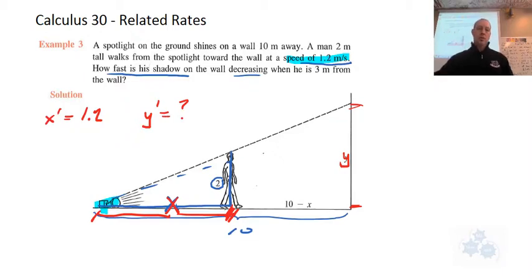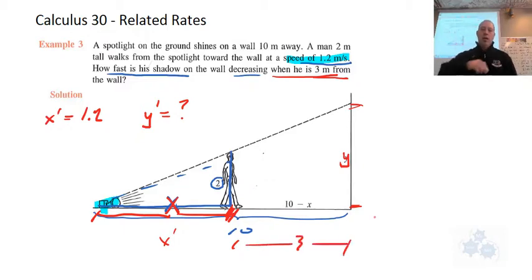And then, of course, the third part of it is when he is 3 meters from the wall. Oh, okay, so that makes sense now. So we're trying to find x prime when this is 3. When that's 3, what is x going to be?